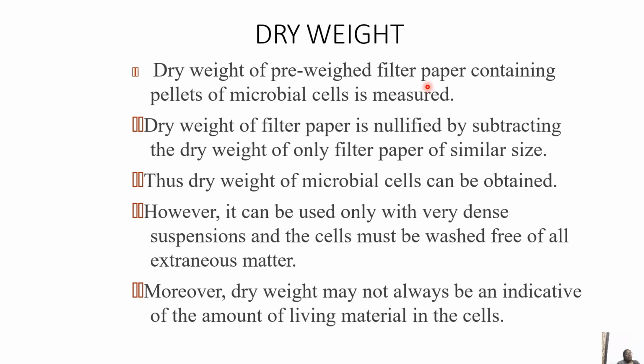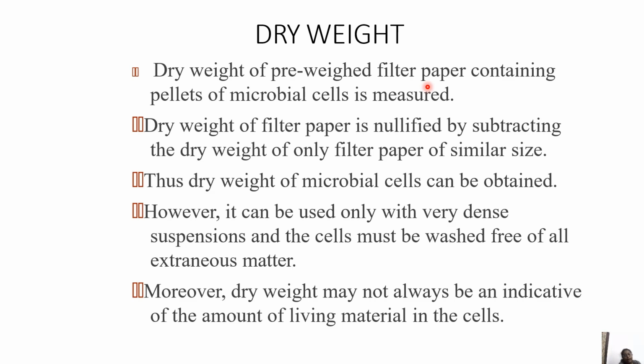Right? If we talk about dry weight, the dry weight of pre-weighed filter paper containing pellets of microbial cells is measured. And the dry weight of filter paper is nullified by subtracting the dry weight of only filter paper of similar size. Thus, the dry weight of microbial cells can be obtained. However, it can be used only with very dense suspensions and the cells must be washed free of all extraneous matter.